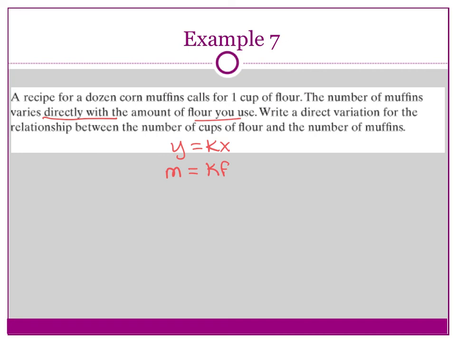A dozen, remember, is 12. So I have 12 equals k times 1 cup of flour. So k is just going to equal 12, or the number of muffins I get is directly related to 12 times f, the number of cups of flour.